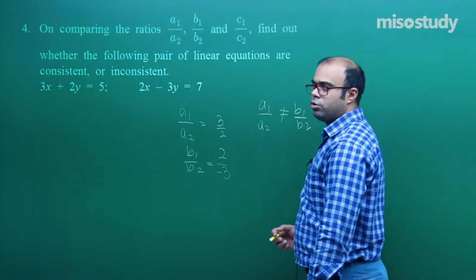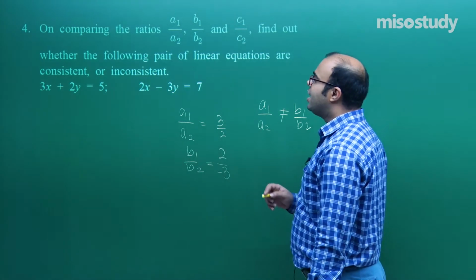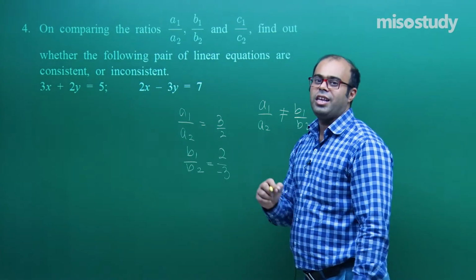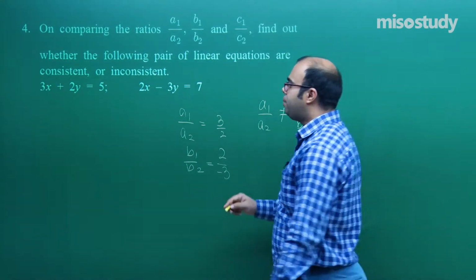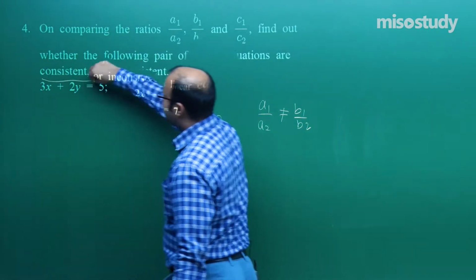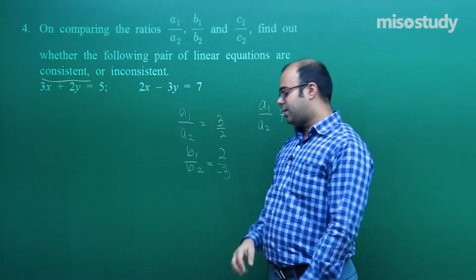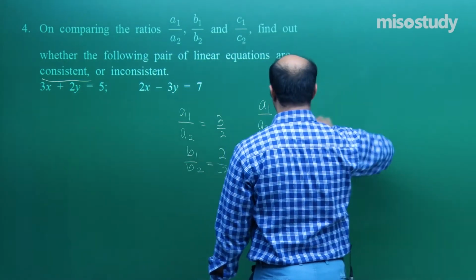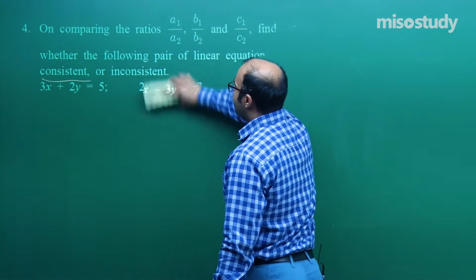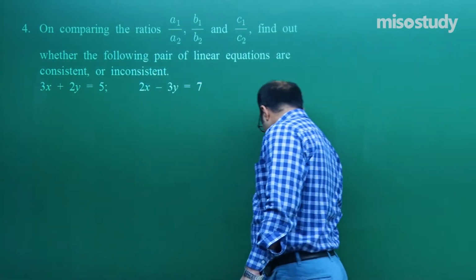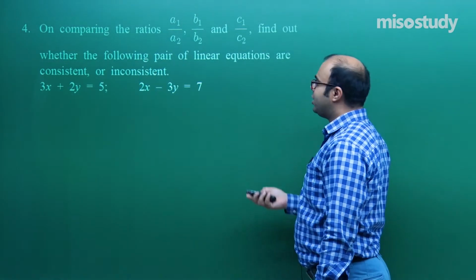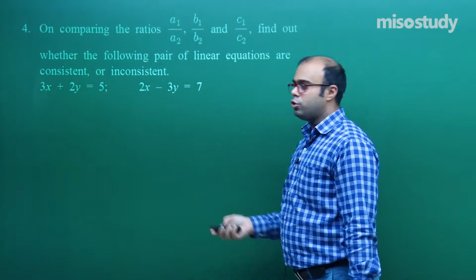Both are different values. So they are not equal, which means that they have a unique solution. They are intersecting at a point. That means this pair of linear equations is consistent. Having a unique solution means it is consistent. So we do these questions by comparing these ratios.